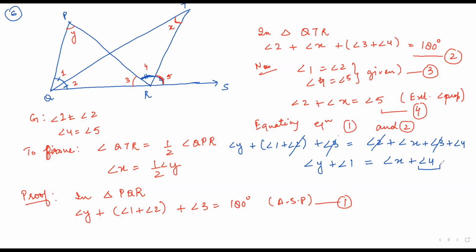See, ultimately, I want to get a relationship between x and y. So on one side, I have my x, on one side, I have my y, right? Now, on one side I have angle 1, on the other side I have angle 4. So I can change my angle 1 also, I can change my angle 4 also. Ultimately, I have to change so that I can get the same thing on both sides and that can cancel out. All right. So this is what I'm trying to do.